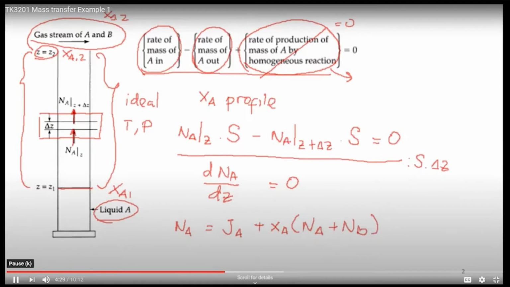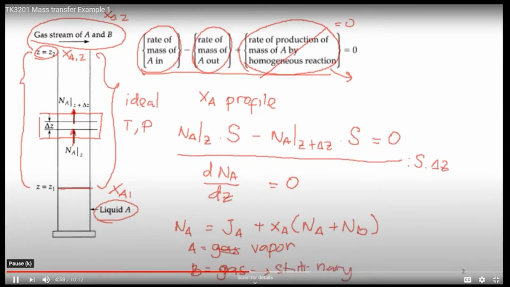In this case, we have to remember that A is the vapor and B is the gas. Please remember that the gas is stationary.